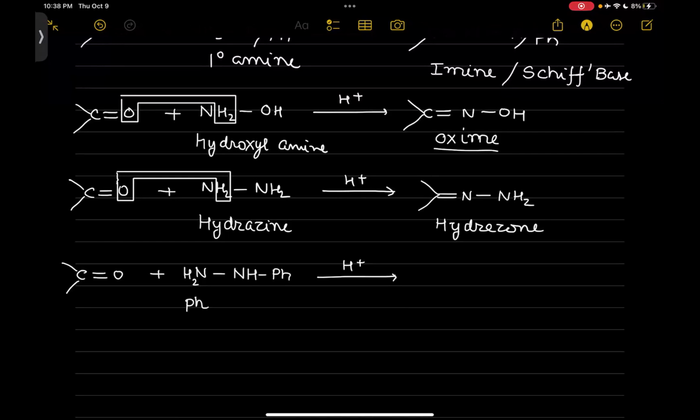Because I have put a phenyl group. Got it? And what is the name of the product? The product can be formed in a similar way in which we have generated the above products. Very simple method. Remove the water.